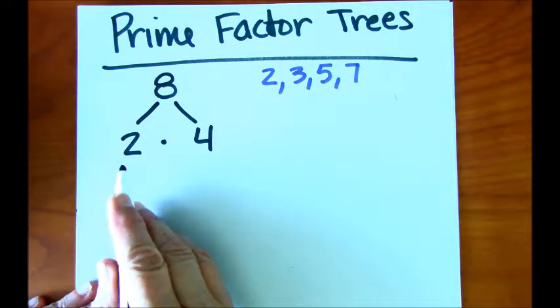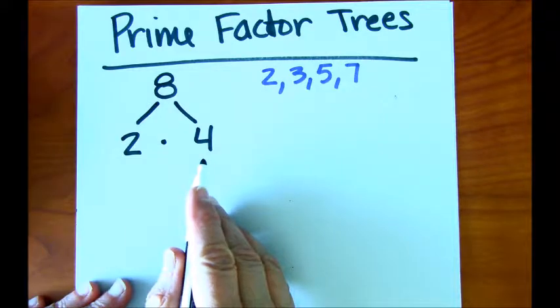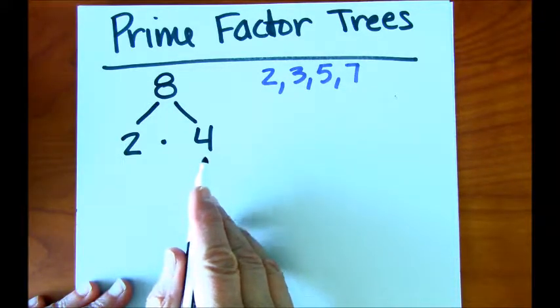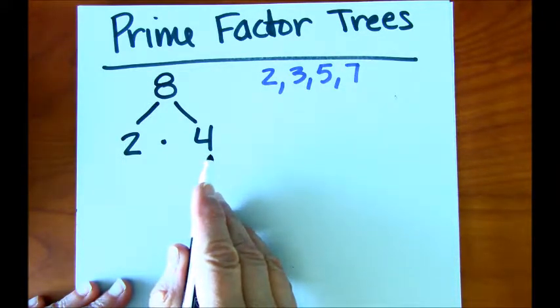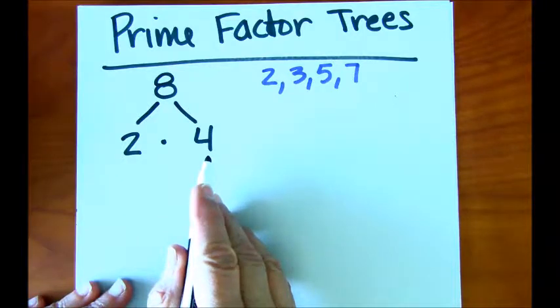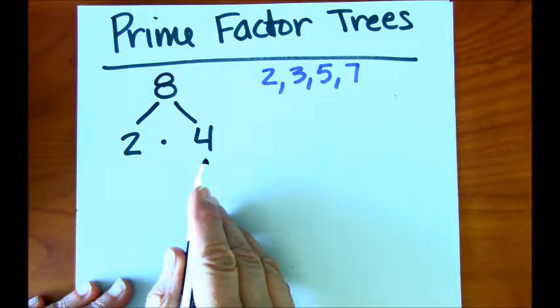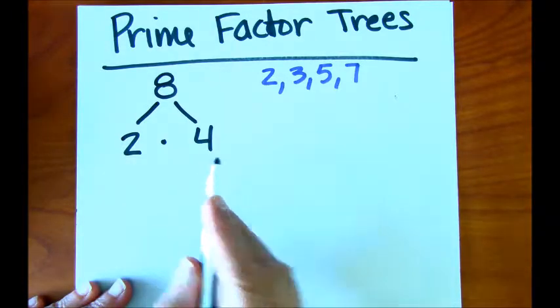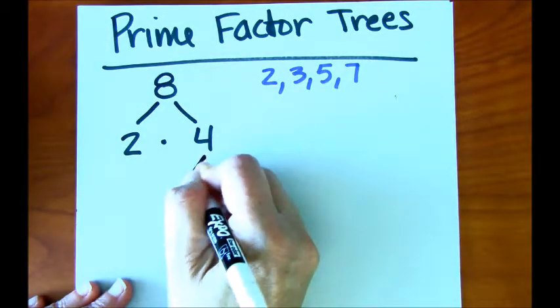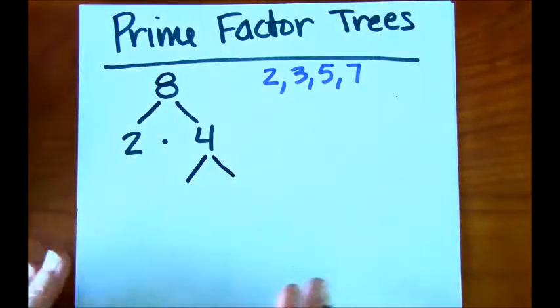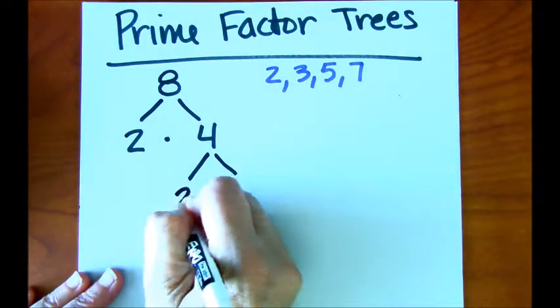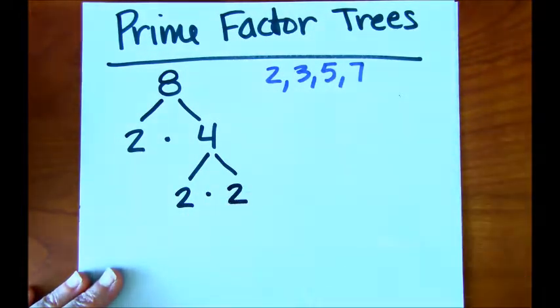Now, 2 is a prime number, however 4 is not a prime number, so we want to continue with our branches to break down this 4 into prime numbers. I know that 2 times 2 is 4. So again, I'm going to draw some branches going out in both directions and then write down my prime factors.